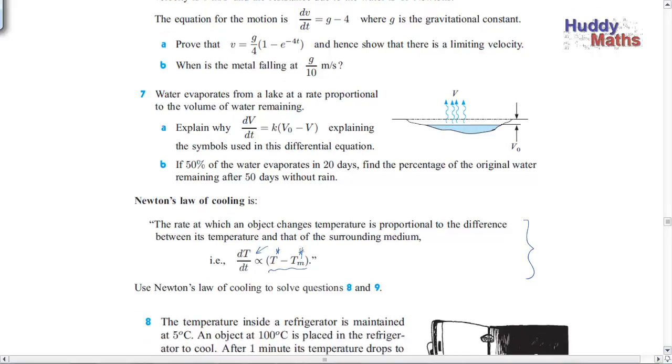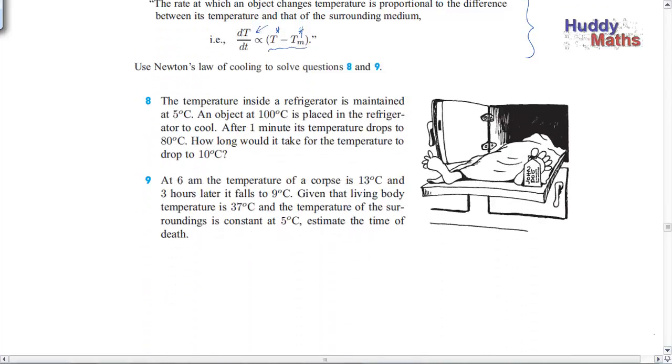Let's go down and have a look at question 8 and 9. Okay, so thinking about those, you'll have to bring in your own symbols there using Newton's law. Okay, let's have a look at the answers.